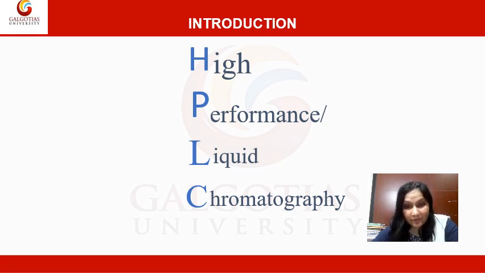In liquid chromatography, generally we use a glass matrix column and the mobile phase runs only under the influence of gravitational force. But in case of high performance chromatography, we use external pressure to speed up the mobile phase, and in this way we can get maximum resolution in minimum time.